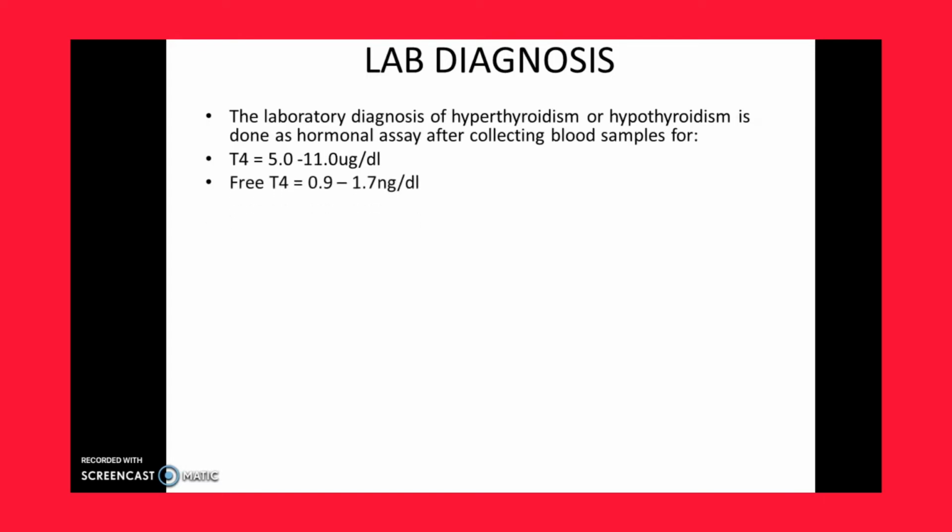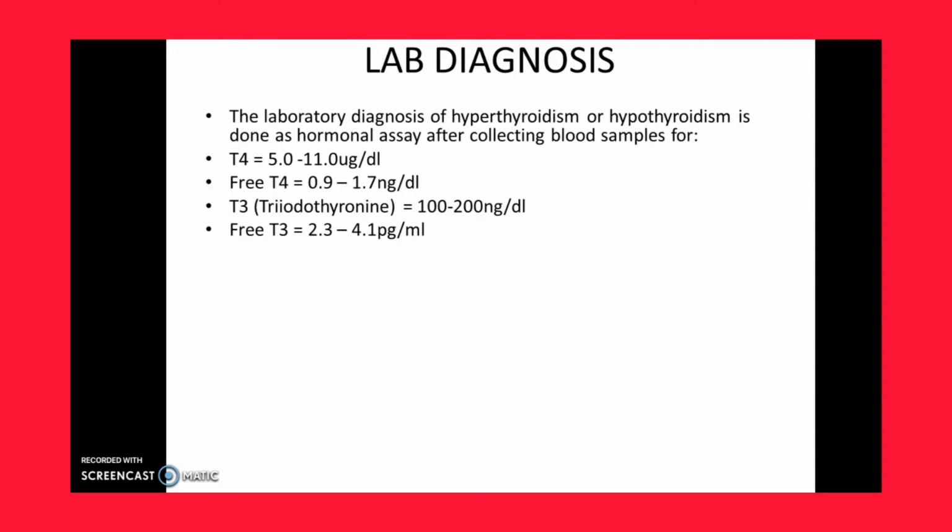The free levels are also measured along, and you can also use it to classify. The T3 triiodothyronine, you find the normal value at 100 to 200 nanogram per deciliter, but anything lower than 100 is hypothyroidism, while anything above 200 is regarded as hyper.